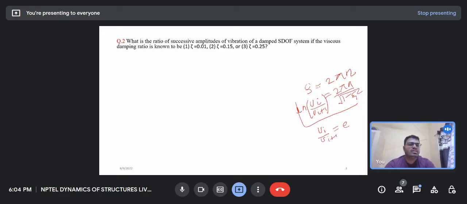So we have to find the ratio ui divided by ui plus 1, which is equal to e raised to the power of these terms. In some places we use e raised to the power 2 pi xi directly.